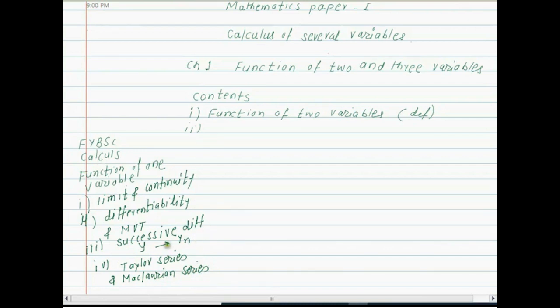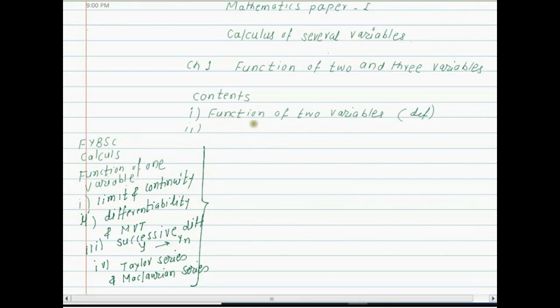So similarly, this year we will study similar concepts for a function of two variables.